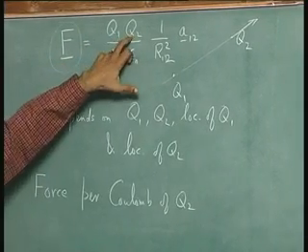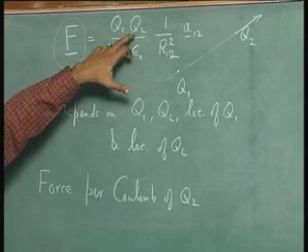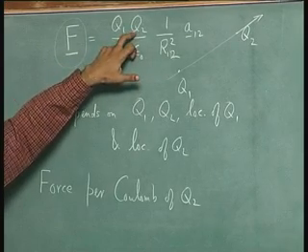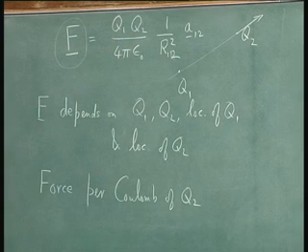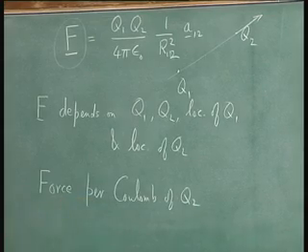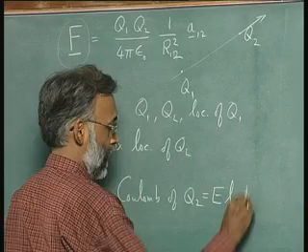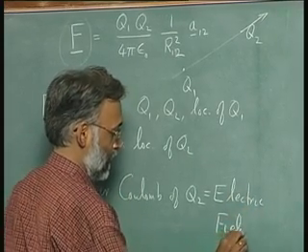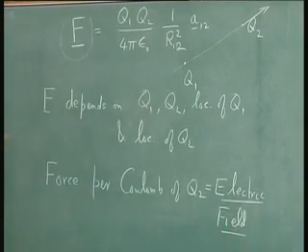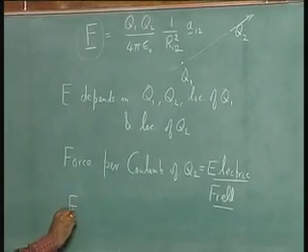If we replaced it by 4 times, the force will be 4 times. So, we could talk about a force per unit Coulomb, and then all we have to do is multiply by Q2 to get the actual force. This force per Coulomb is called the electric field. It has got a symbol E.